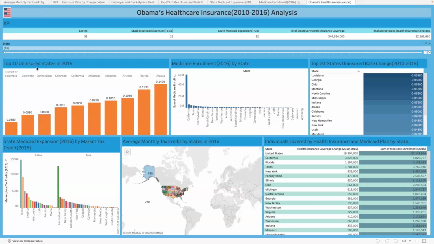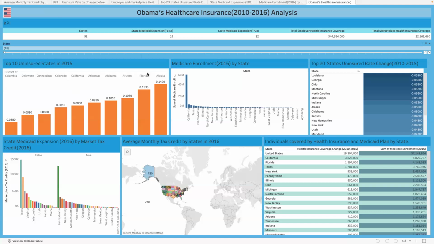Our top visualization: top 10 uninsured states in 2015. The objective of this analysis is to visualize how the Medicaid expansion program reduced the number of uninsured citizens, and to discover the rate at which citizens without insurance were covered.